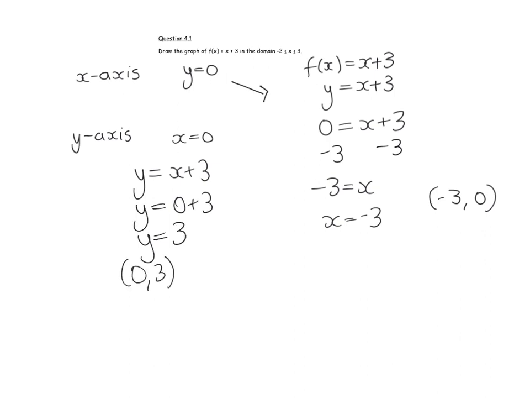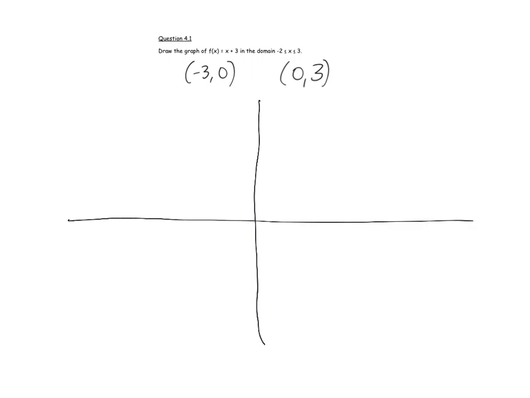Now the next thing we have to do is draw that graph. We had the points minus 3, 0 and 0, 3 where it crossed the y-axis. To draw this, the first thing we're going to do is draw our x and y axis. Of course, you'll be doing this in your maths copy. It'll be much neater. It'll be done also in pencil.